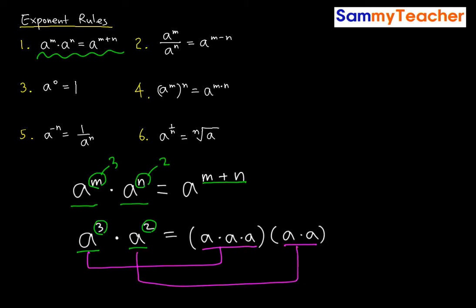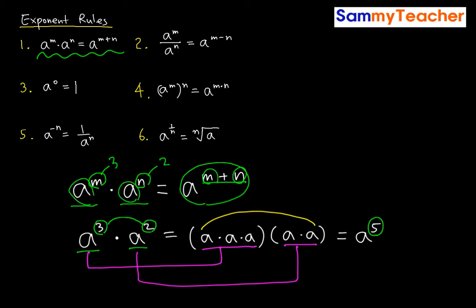And since there are 5 a's being multiplied, you can rewrite this as a to the power of 5, which is actually 3 plus 2. Now we see why we add the exponents when you multiply two numbers with equal bases.